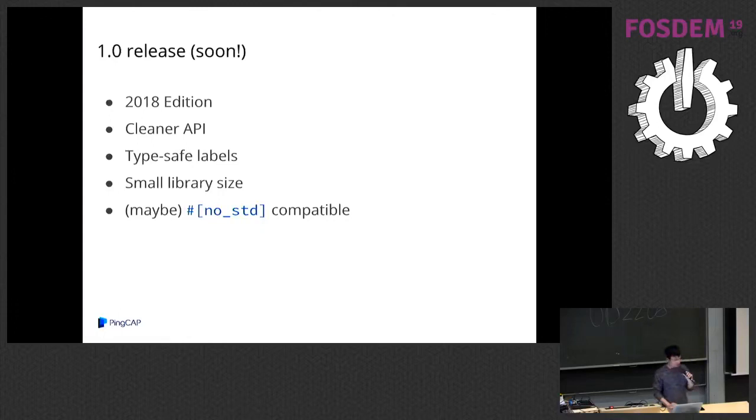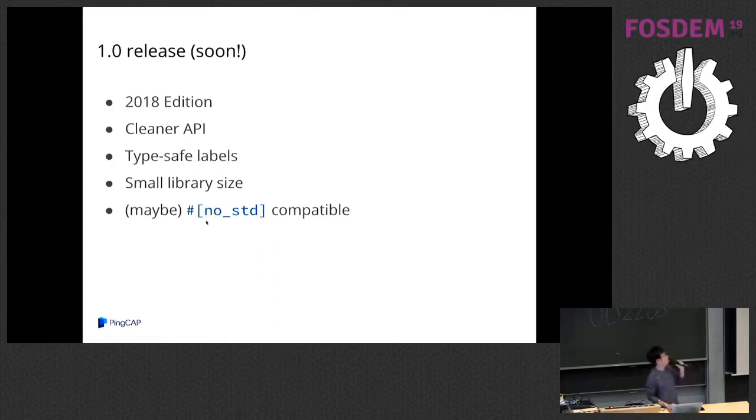We will adapt it to the Rust 2018 edition, and also we will clean up its API because this code was written several years ago, and during these years, some functions of Prometheus have changed. For example, there is no protobuf buffer anymore, so we will also remove the protobuf support. We will provide type-safe labels. It's actually a prototype, but we will provide it.